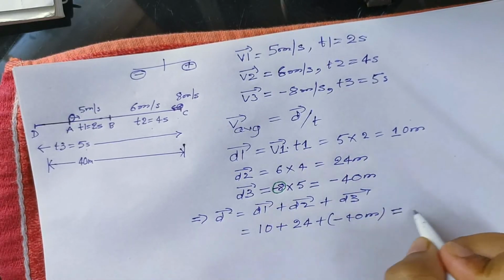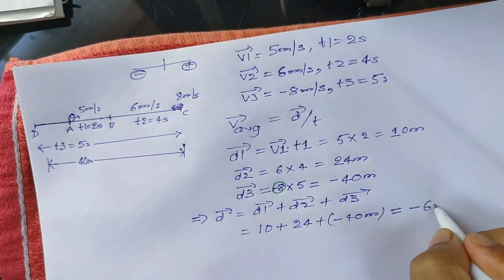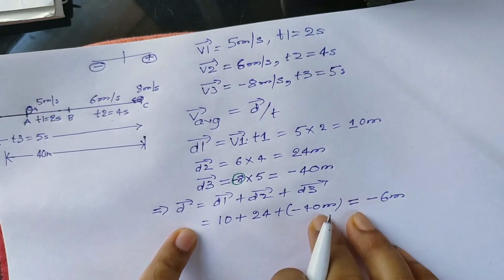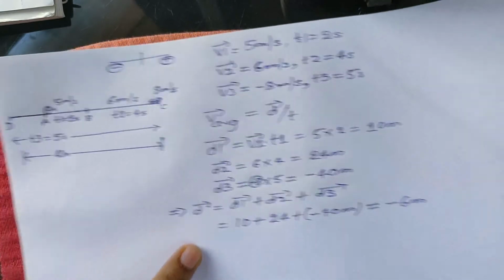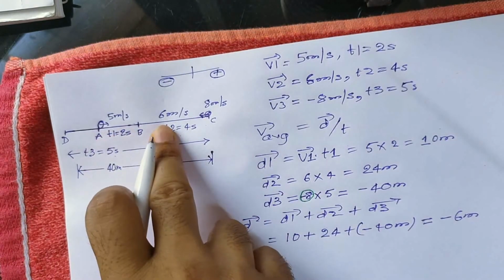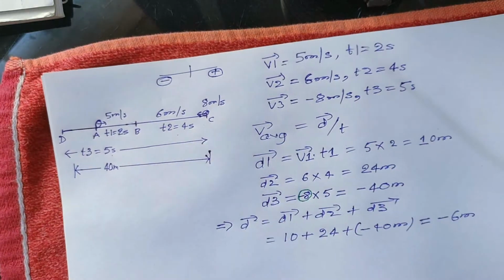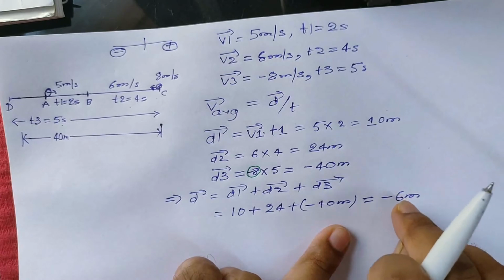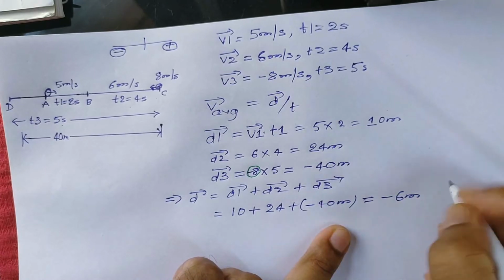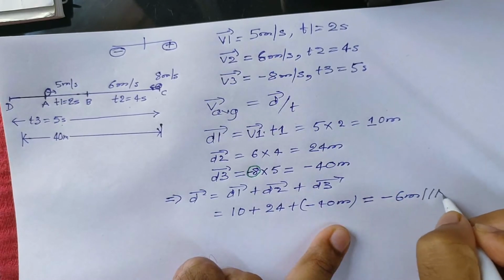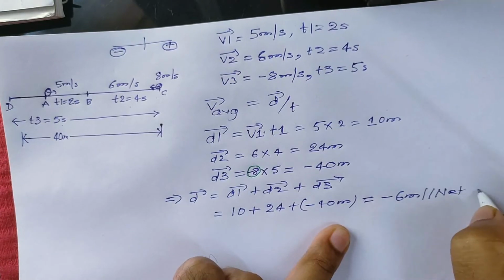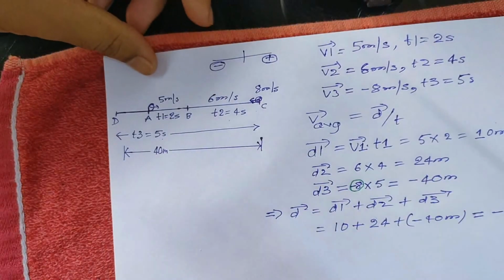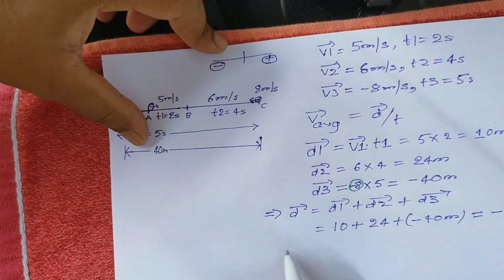It will come out to be minus 6 meter. So minus 6 meter is the net displacement during this journey. Minus 6 meter is the difference between the initial position and the final position. Okay, so you can say this is net displacement, net d.